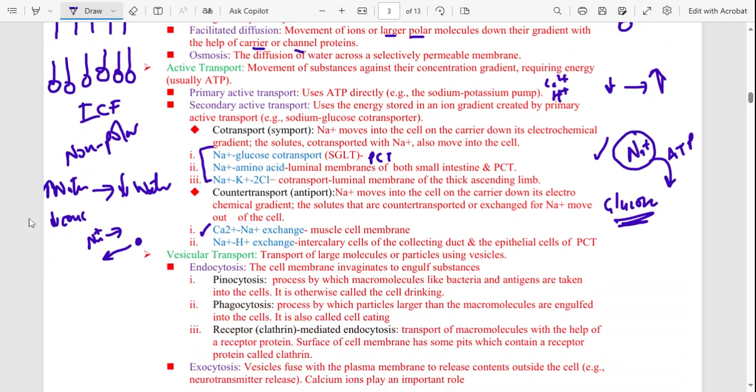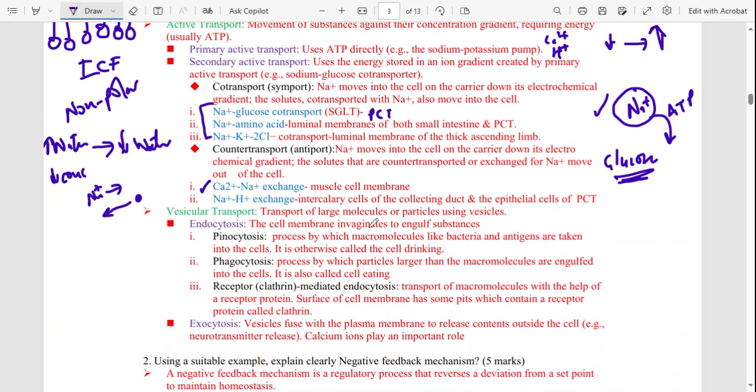And then vesicular transport, this involves the transport of large molecules or particles using vesicles. So what happens is that you have got a cell membrane like this. Let's say a bacteria comes here. The cell membrane is going to go in like that, and then the bacteria is going to be eaten inside, and then it will close up.